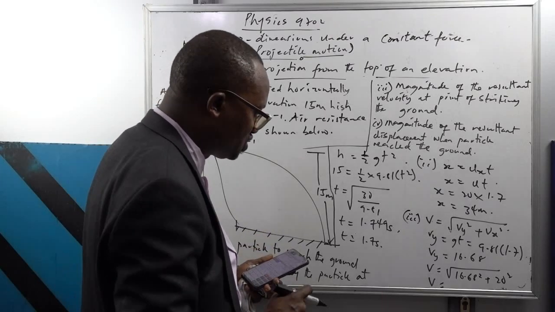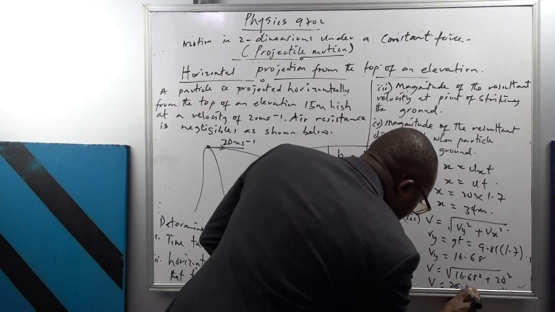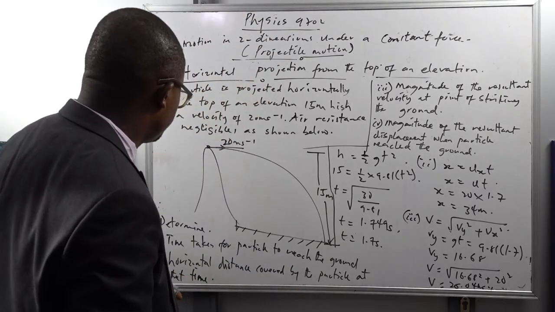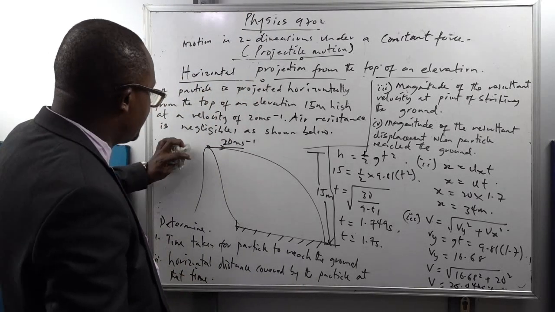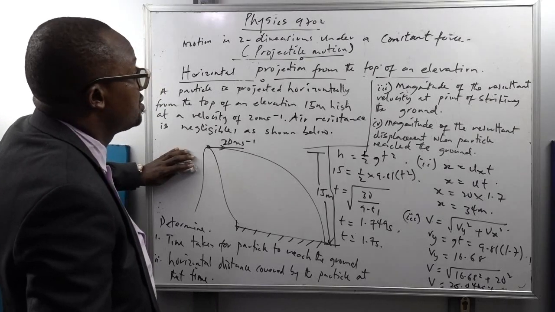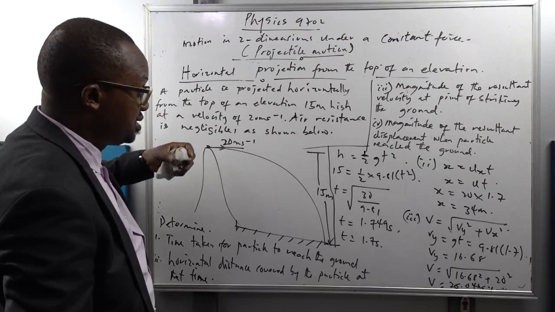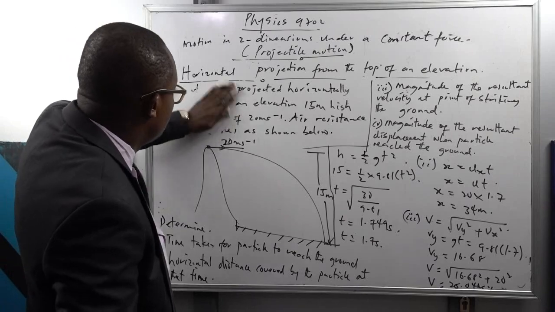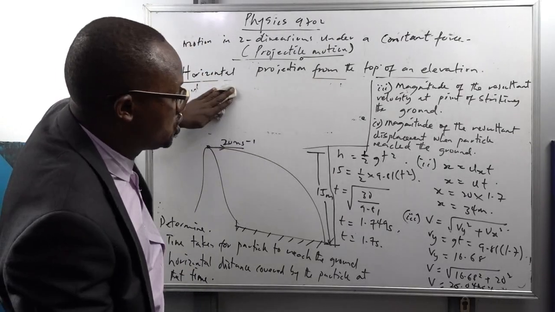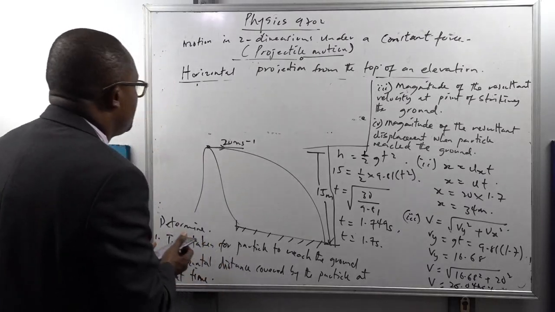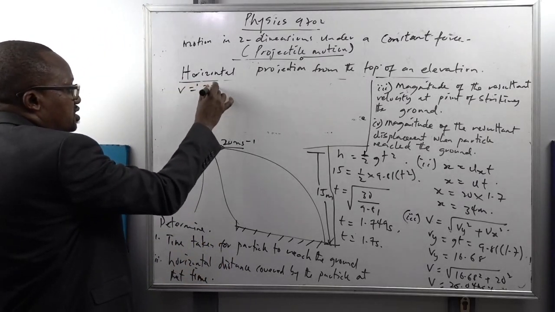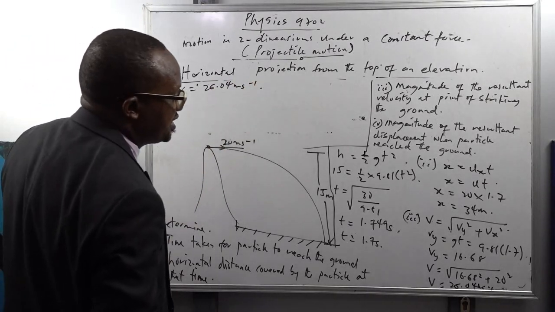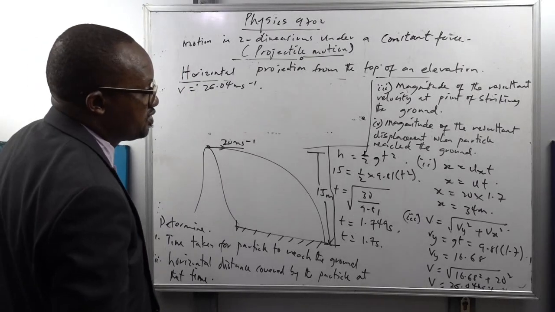That will give you 26.04 meters per second. Let me clean the question, you can always refer to it, because I want everything to be on a single solve. So v becomes 26.04 meters per second.